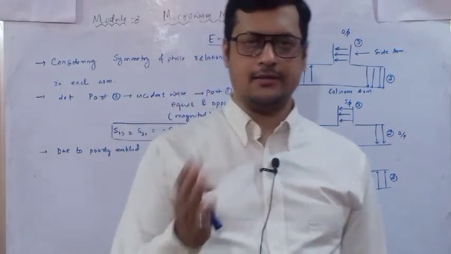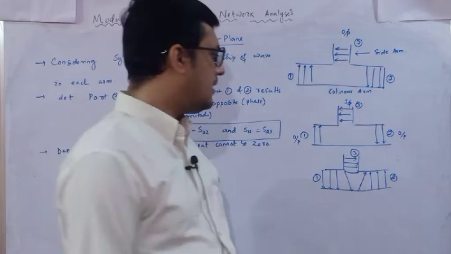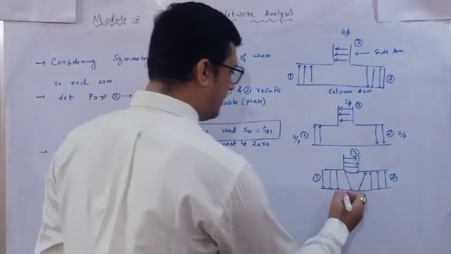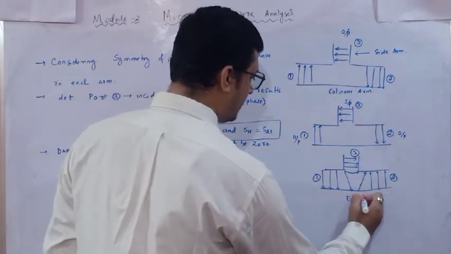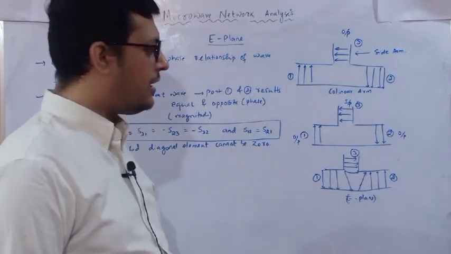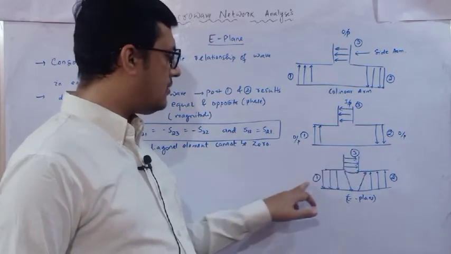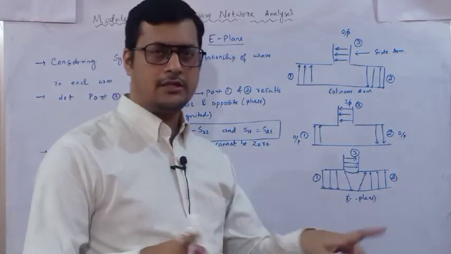Now as I have discussed with respect to E plane, the distribution will be there. This is the simple representation of the E plane junction. Here power is fed at port 3, due to which the power with respect to 1 and 2 will distribute.